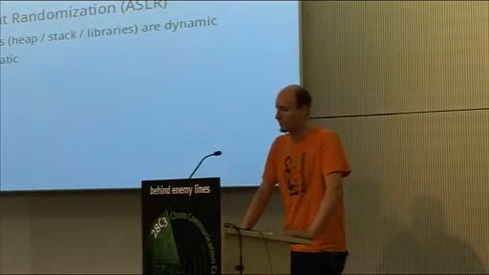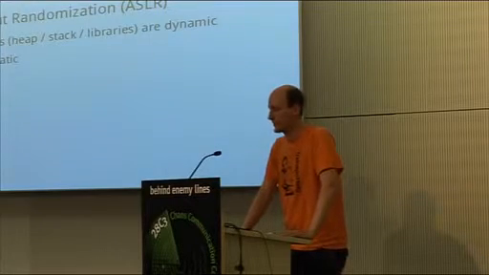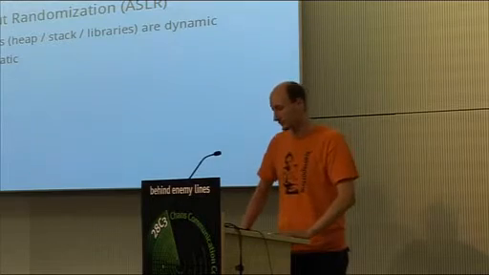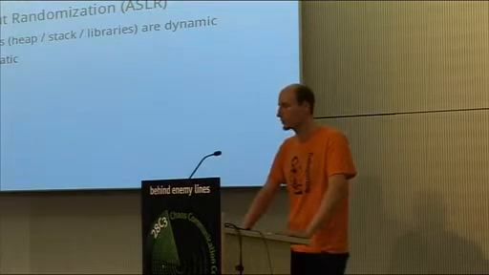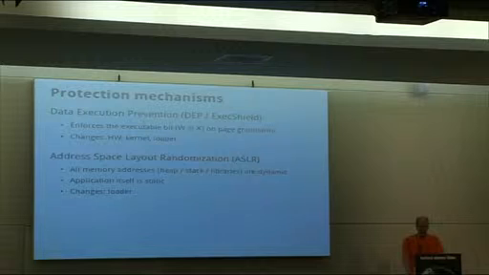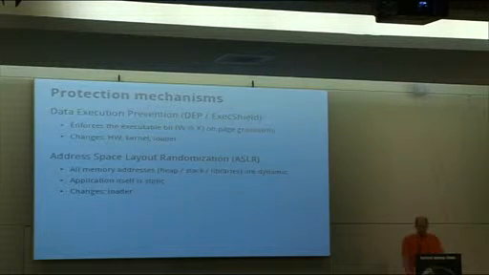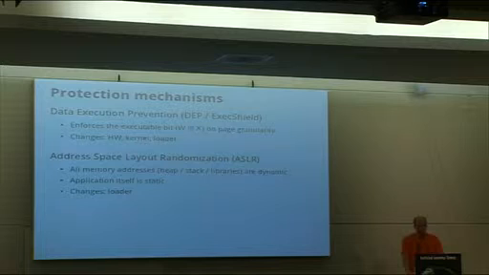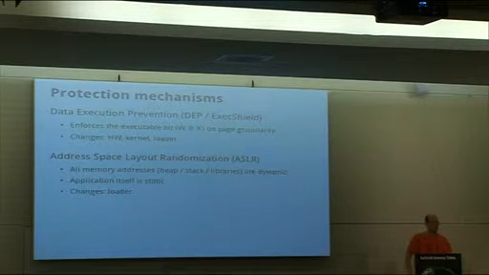The next protection mechanism is address space layout randomization. Address space layout randomization is a probabilistic protection mechanism that is also enabled by default on current kernels. And ASLR enforces that all memory addresses on the heap, on the stack, and for all libraries are dynamically shuffled around and randomized.